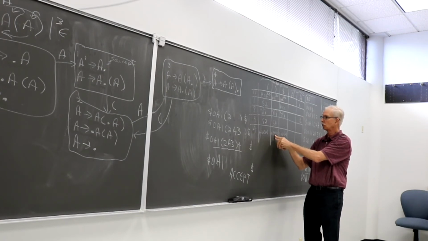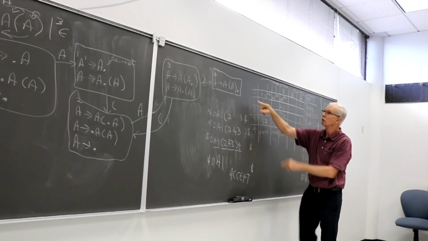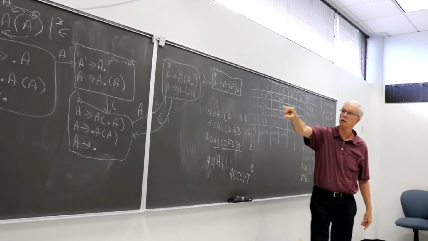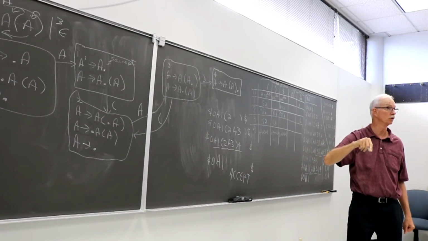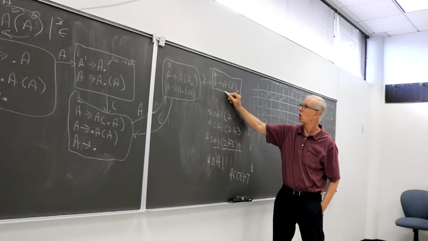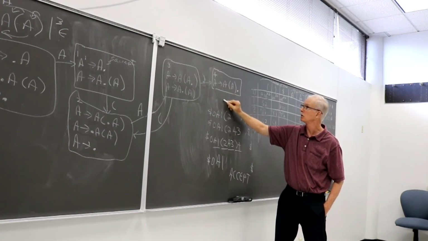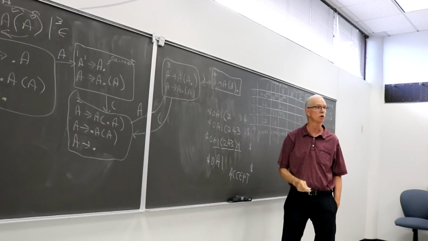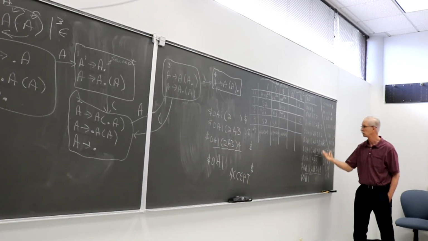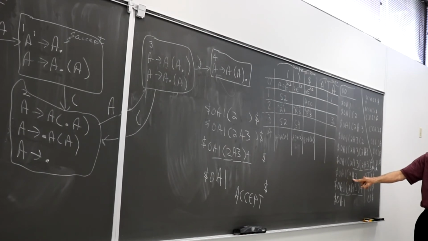And so when I write the production rule in here, the period was at the end of the rule. When the period's at the end of the rule, I do a reduce. And so I've recognized all of this right-hand side, and I'm replacing it by its corresponding left-hand side. So I pop all of the right-hand side off of the stack, and I push its left-hand side on.